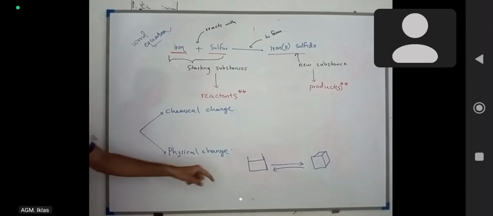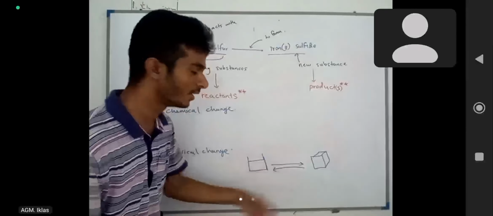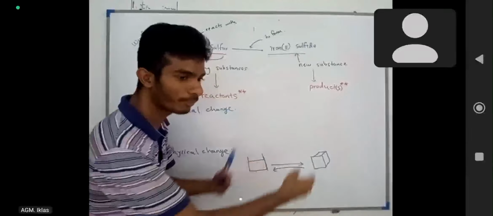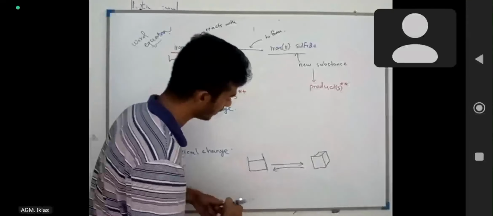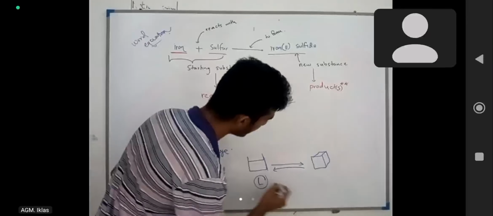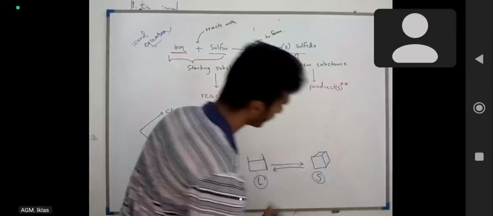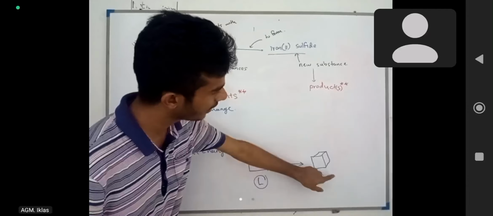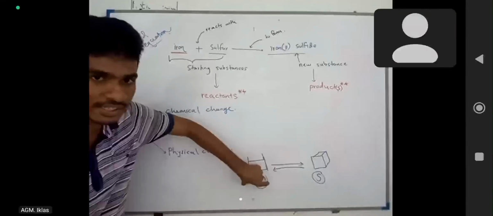In a physical change, this reaction is reversible. I can interchange the state of the water, from liquid form to solid form, and bring the product back to the initial state.